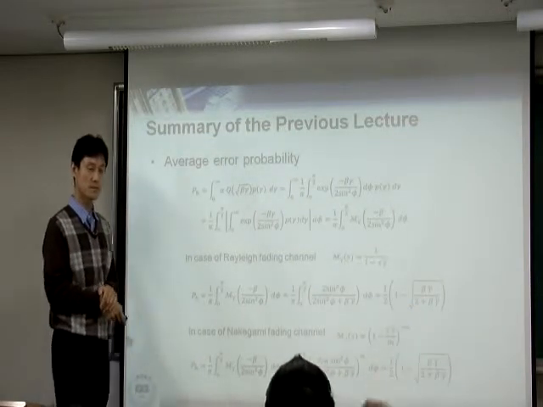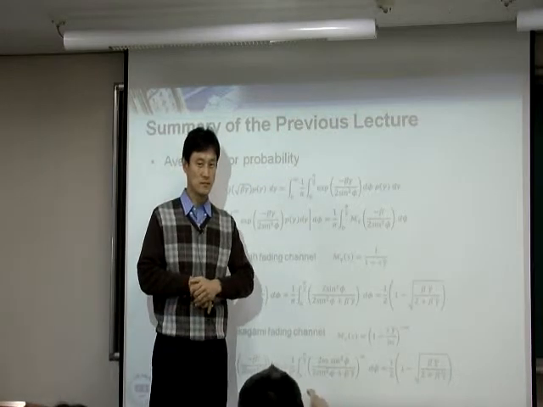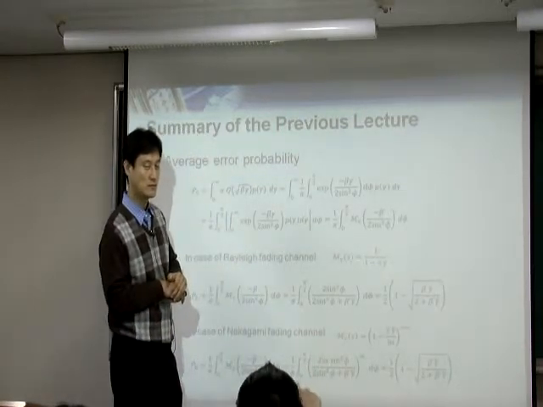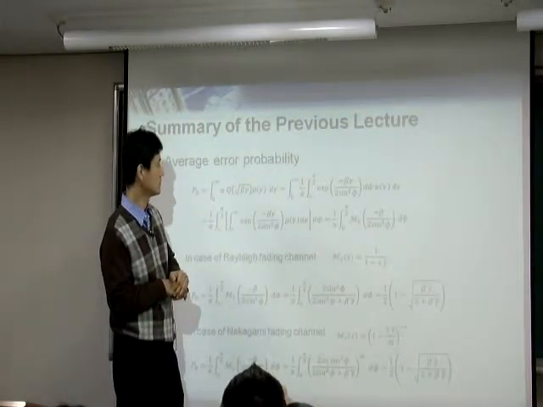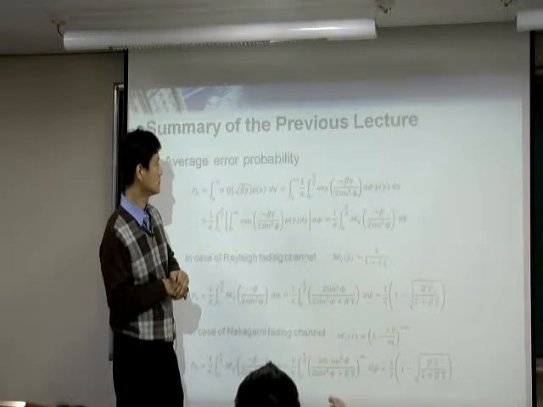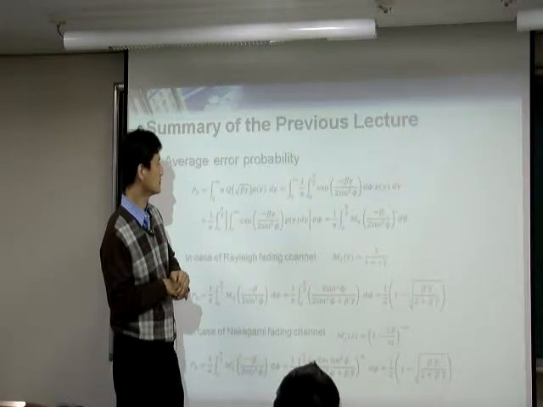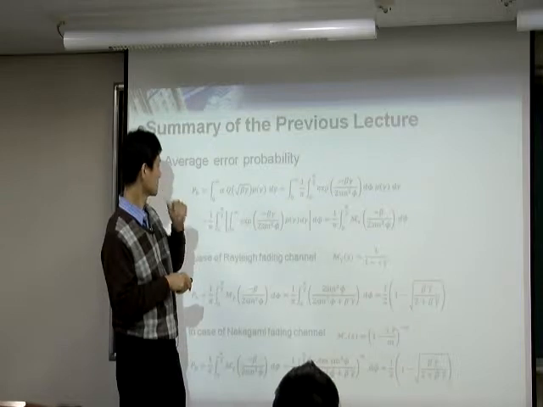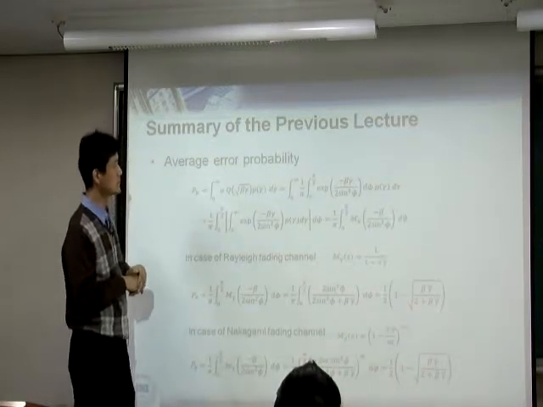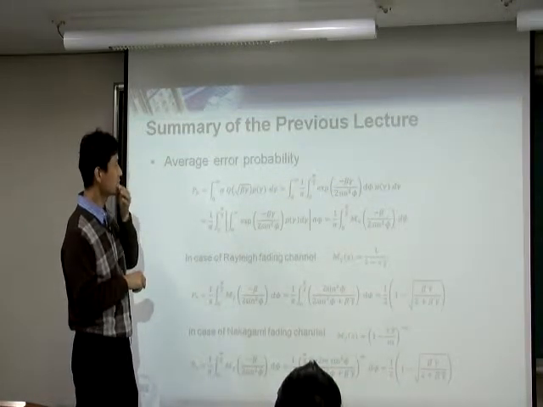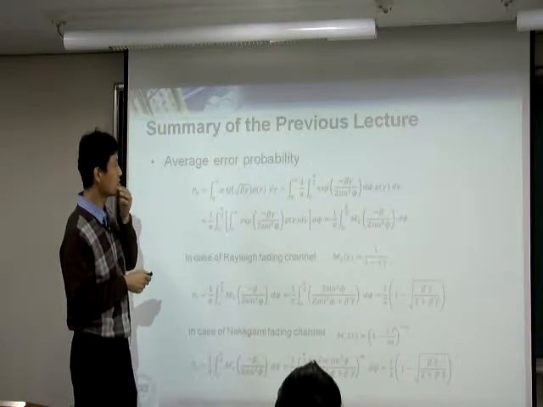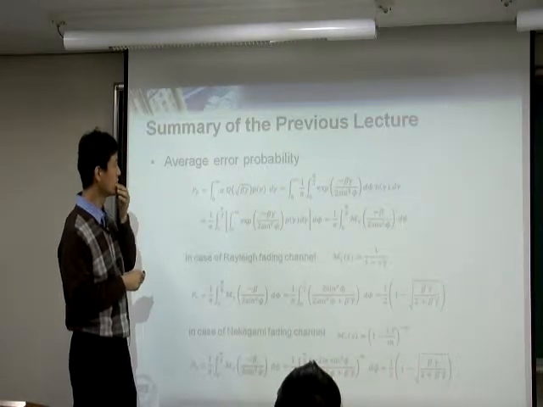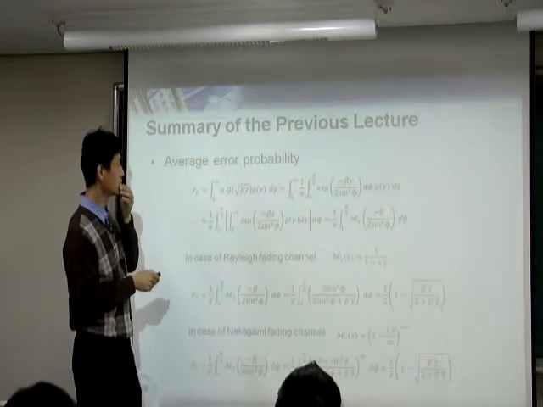It's like the first equation, the first line has alpha on the left side, but on the right side the alpha is missing. I think that's a typo, right? The alpha is just a constant, so there should be alpha here.